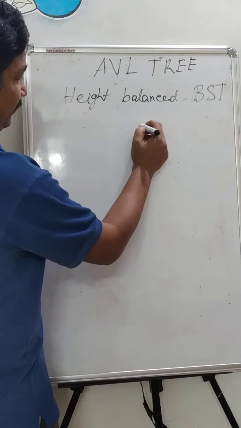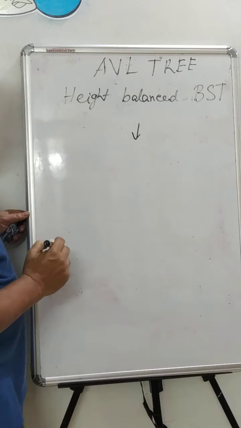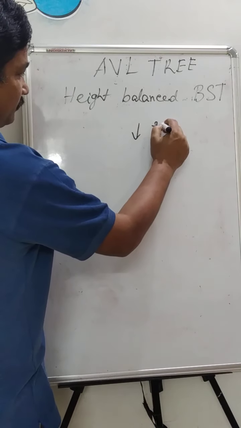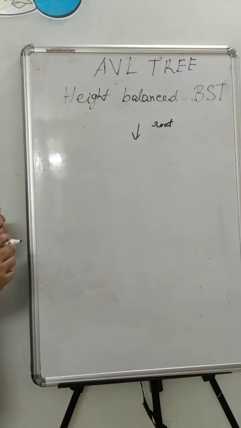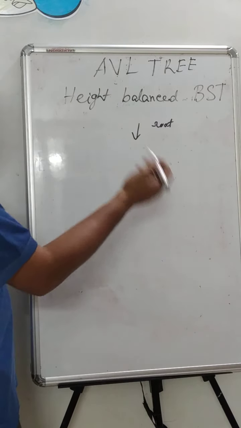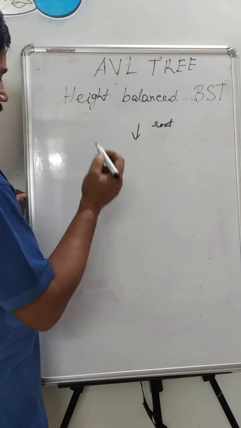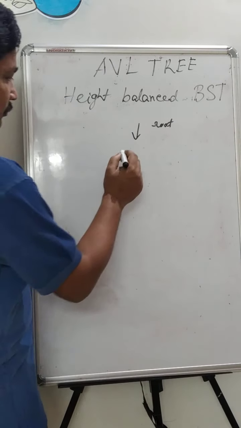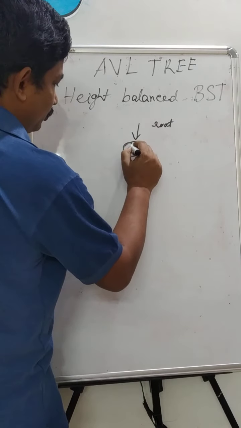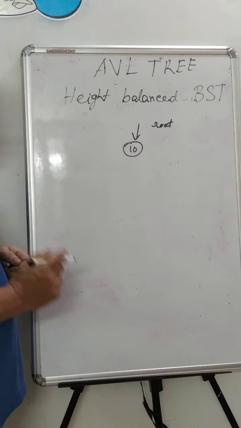Say we have an empty binary search tree. Now say we have inserted the value 10. So it will definitely come to the root node. This is the leaf also, so here we will insert.